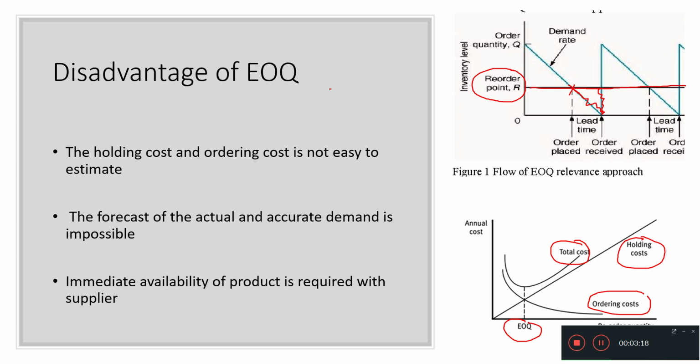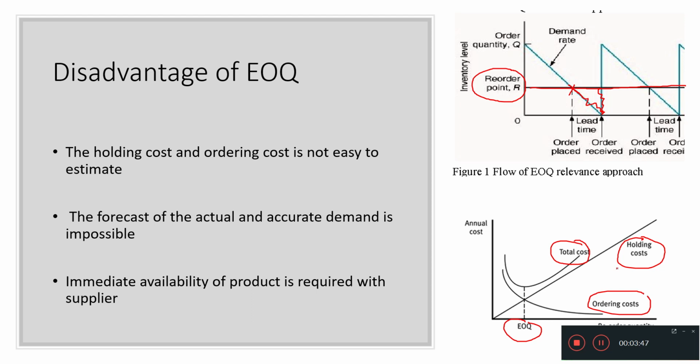However, EOQ has been neglected by a lot of practitioners because of these three reasons. First of all, the holding cost and the ordering cost are not easy to estimate. We can see in this graph, the holding cost and ordering cost play a significant role in determining the EOQ.